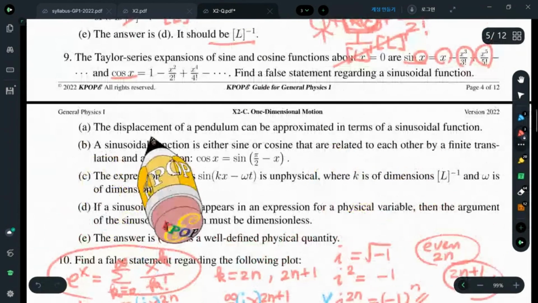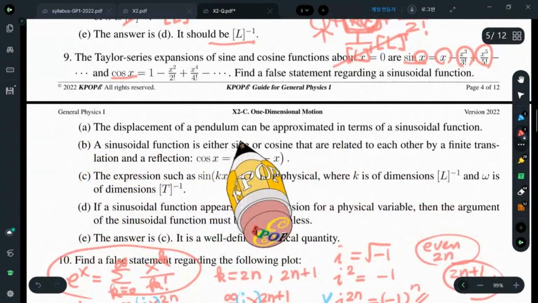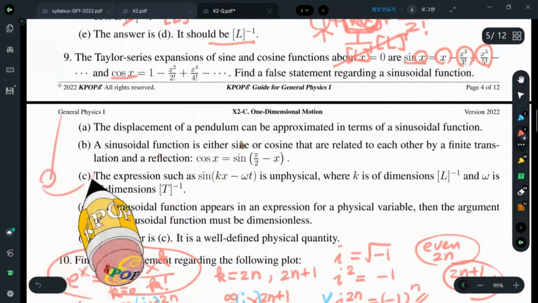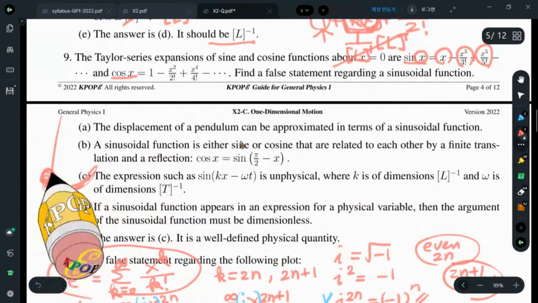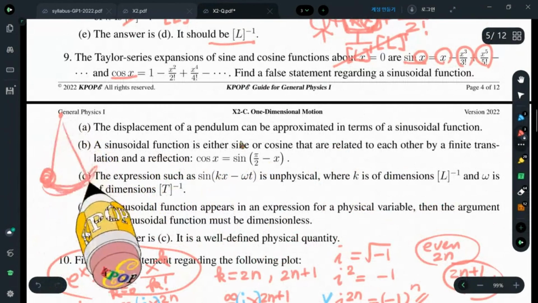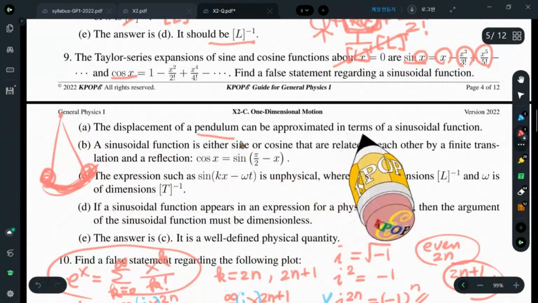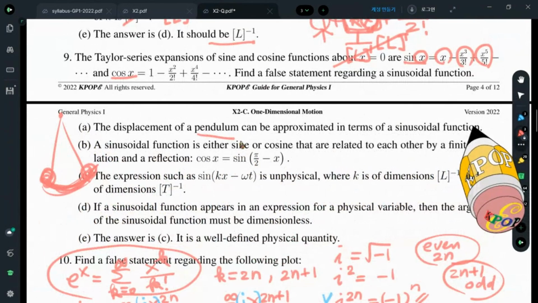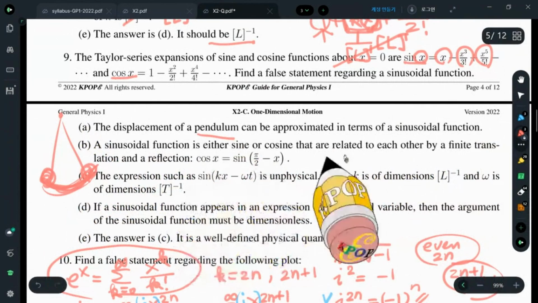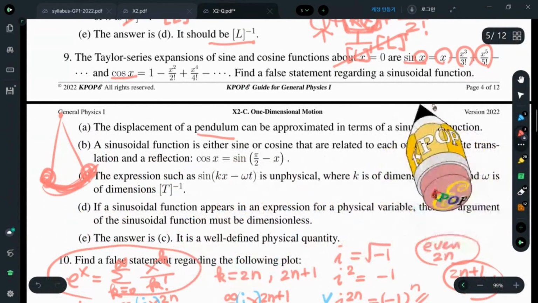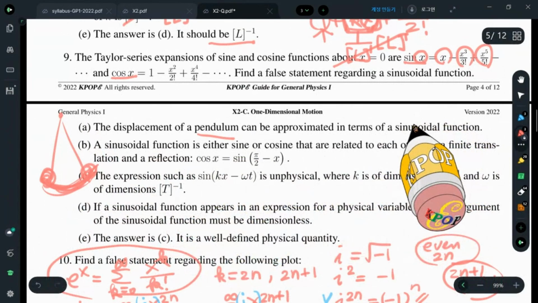Next, the displacement of a pendulum, okay? An oscillating pendulum can be approximated in terms of a sinusoidal function. That's fine. Because of the sinusoidal periodicity of a pendulum, do you know Huygens?